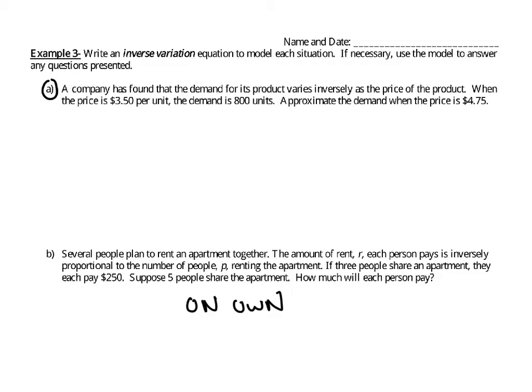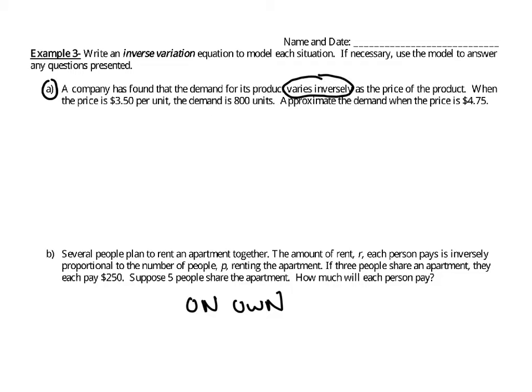So let's begin. It says a company has found that the demand for its product varies inversely as the price of the product. When the price is $3.50 per unit, the demand is 800 units. What will the demand be when the price is $4.75?